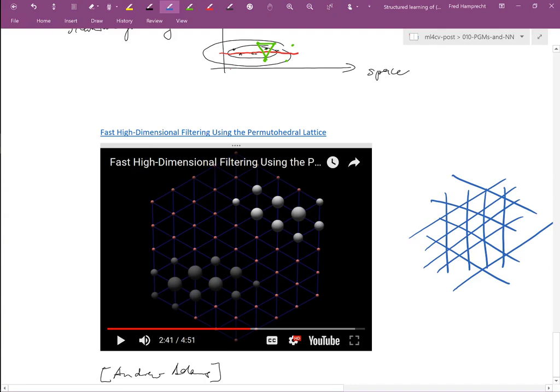So if I now do a one-dimensional Gaussian filtering along each of these 3 directions, these are cheap one-dimensional operations, but taken together, they approximate a proper Gaussian pretty well. The approximation is not perfect.